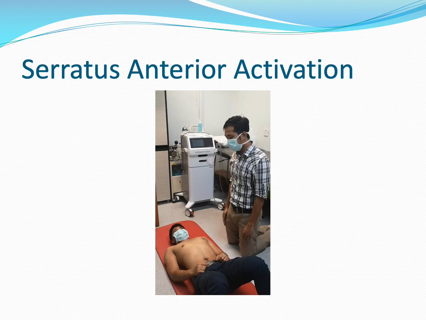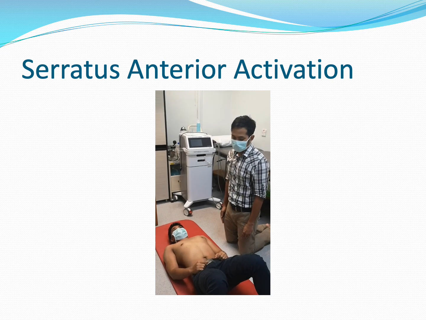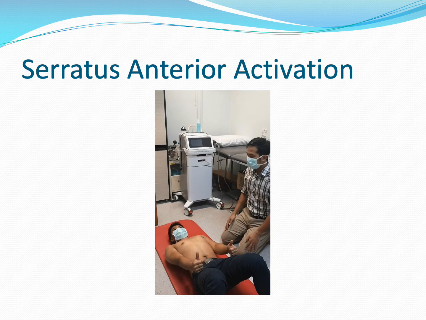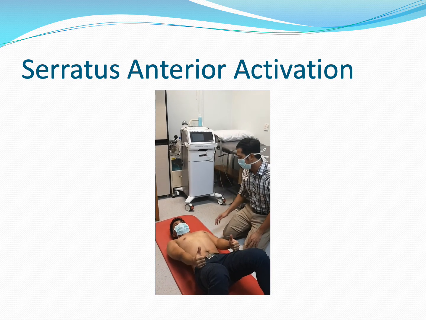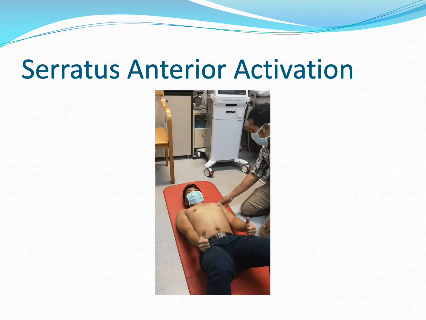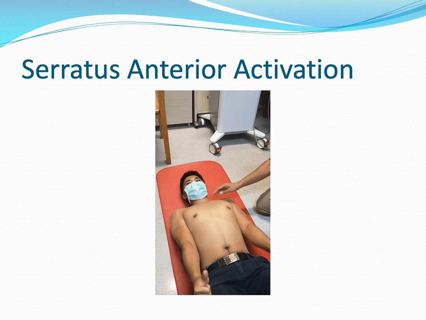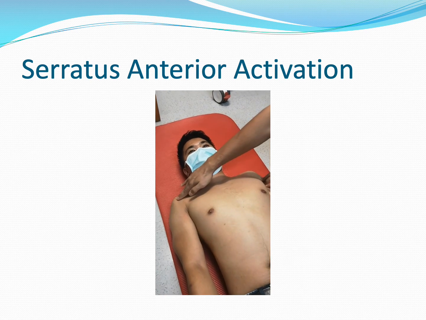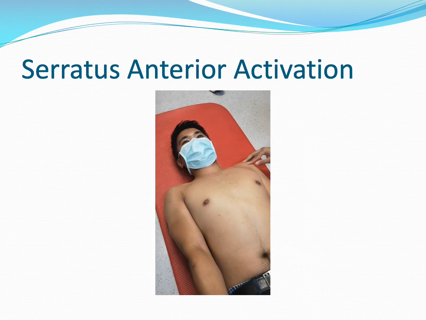So patient in crook lying position, hand on the thigh, then thumb face up. So what patient needs to do is, patient needs to put the shoulder down. Okay, squeeze the shoulder down, then do the scaption movement.